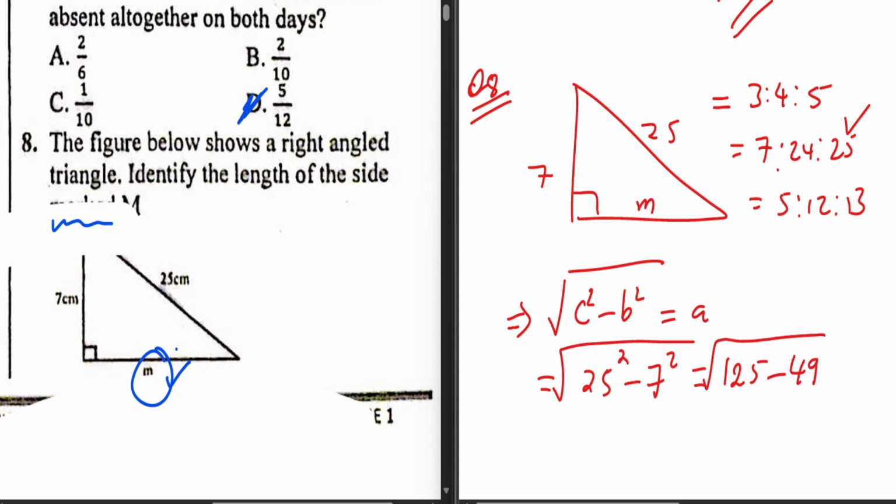So 125 minus 49 will give you 76. Oh, that's supposed to be 25 squared, which is 25 times 25. This gives you 625. So 625 minus 49, which will give you around 576.